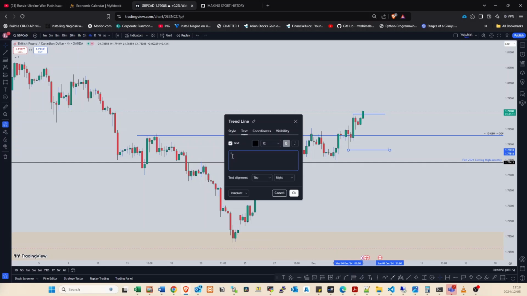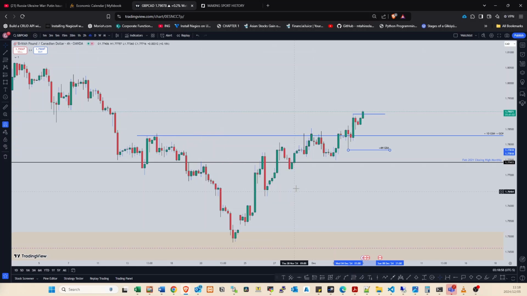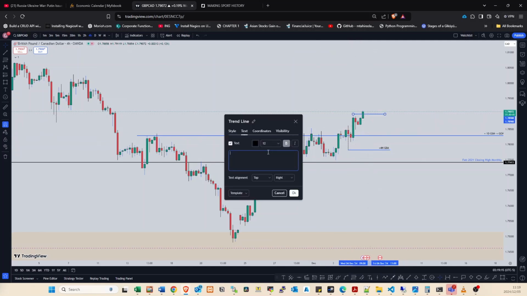This is our core. We just broke this level, so the level here that we retested happens to be a previous high, and now that has turned to the one that gave way. So currently this is our high.